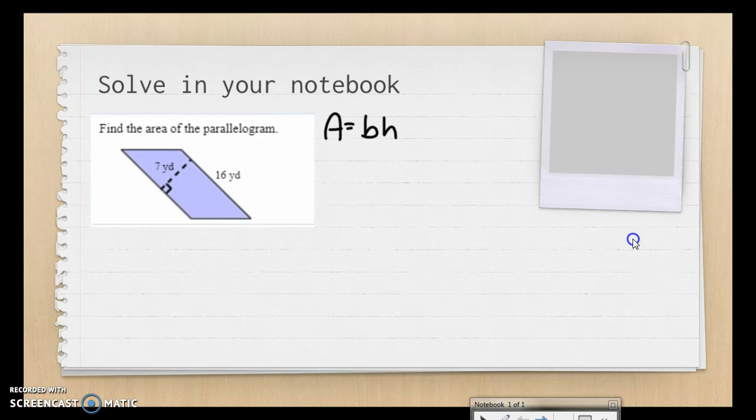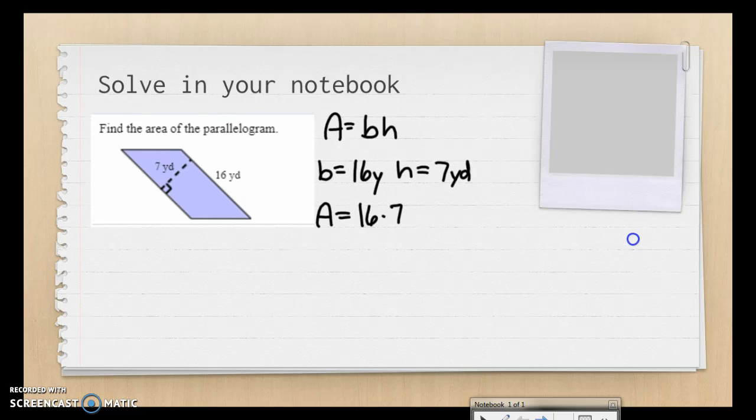Now we need to figure out what our base and height are. Our base is 16 yards. Our height is 7 yards. Now we have to replace our variables with the numbers that we know. Area equals 16 times 7.